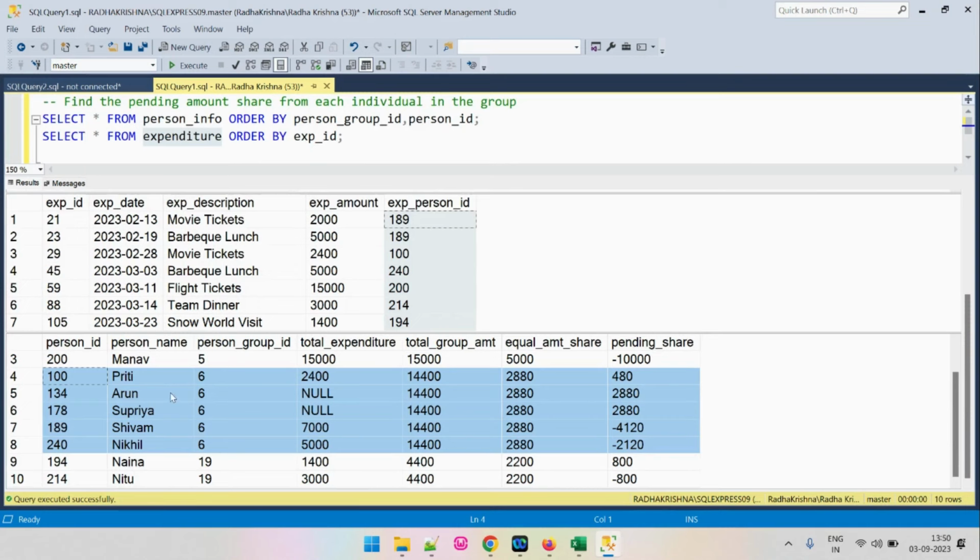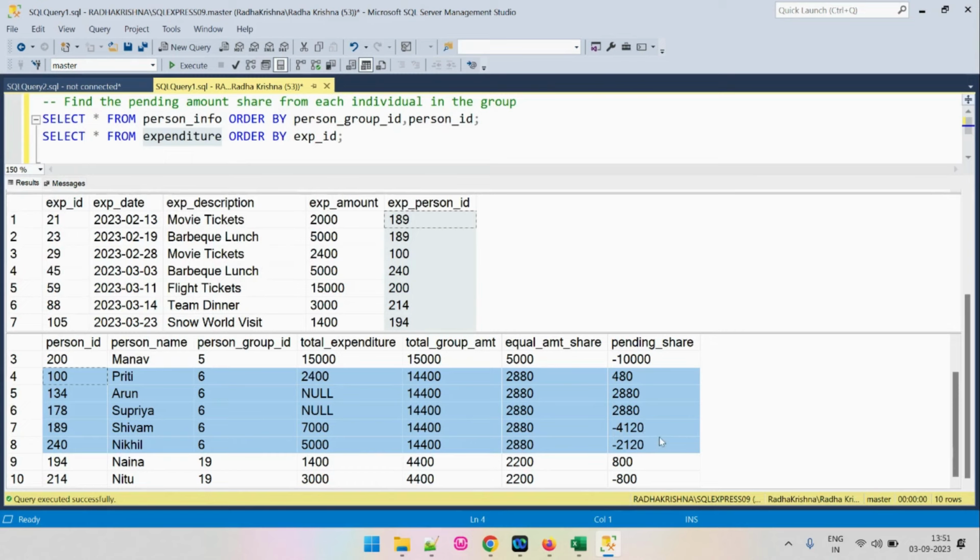Arun has not done any expenditure, so he has to pay his equal share, that is 2880. Shivam has done a total expenditure of 7,000, but the equal share is 2880, so he has done more expenditure and is to receive 4120.